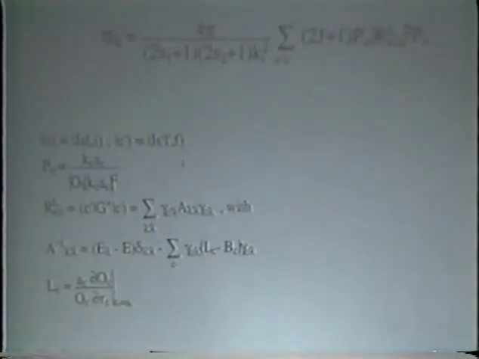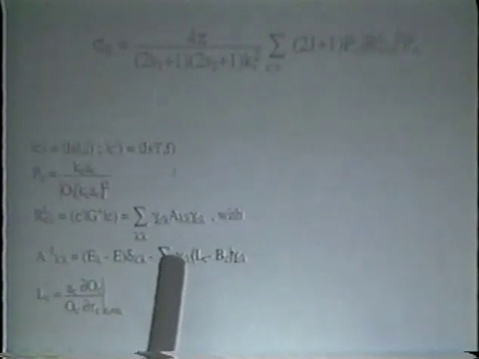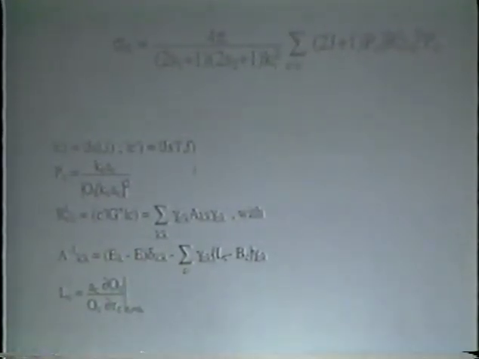It's written down here in terms of the parameters that we actually use to describe the experimental data: the gamma C lambdas and the E lambdas, which are the eigenvalues and the reduced width amplitudes of the R-matrix parameterization. This logarithmic derivative, which I've called capital L, is simply the logarithmic derivative of the outgoing wave solution.